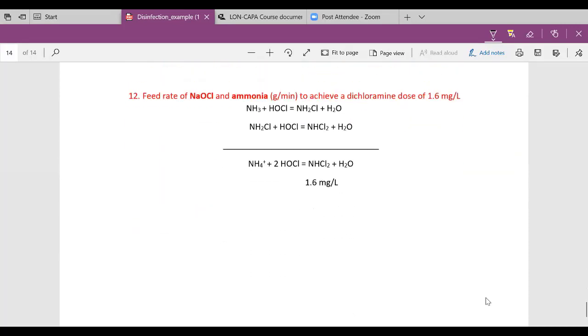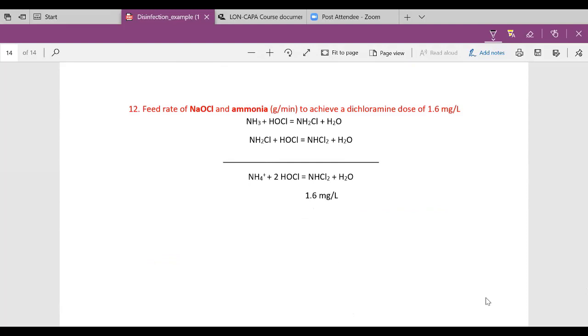The last part that I asked you to calculate was the feed rate of sodium chloride and ammonia. And in this case, you're asked to determine a dichloramine dose of 1.6 milligrams per liter. So if we add ammonia and hypochlorous acid or sodium hypochlorite, what we would form first is the monochloramine.